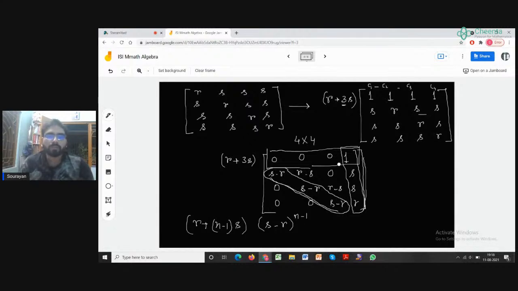For 2 cross 2 we have minus, 3 cross 3 we have plus, 4 cross 4 we have minus again. So for n cross n, for n even and n odd, you just need to mention the sign. So let's call it plus minus depending on the even or odd n.